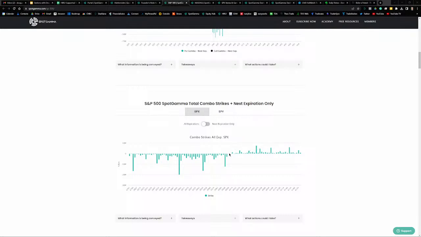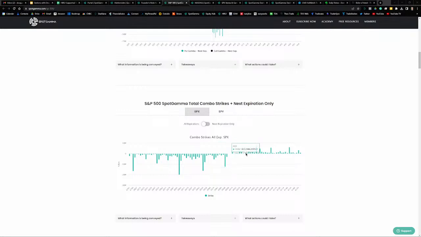And right around here, this is 4002 and 4014, and this is the flip level, and it's showing 4006 there. Remember, the volatility trigger was at 4005.